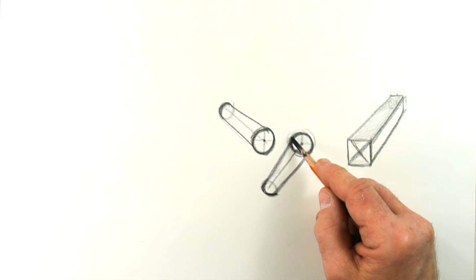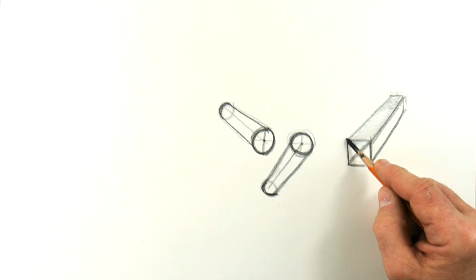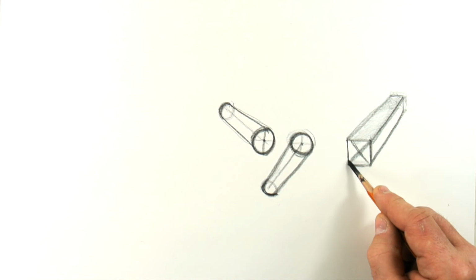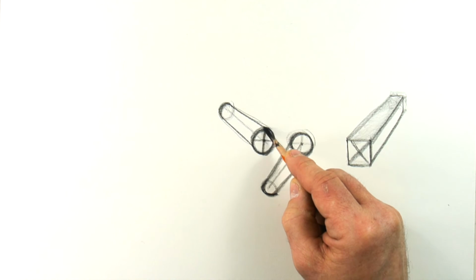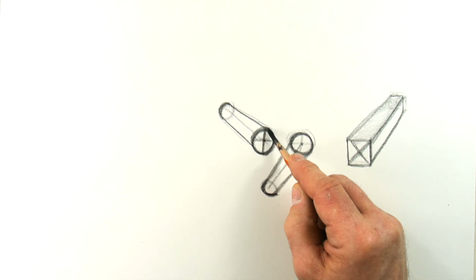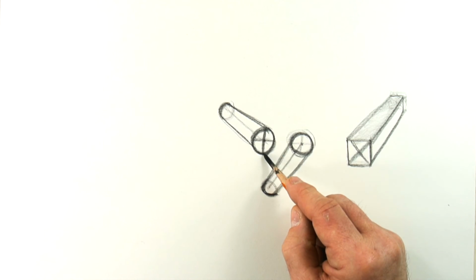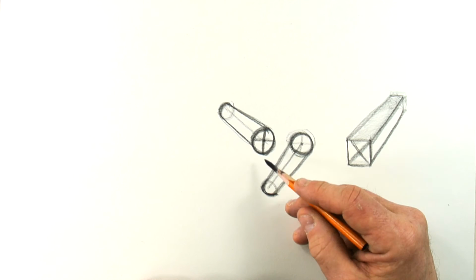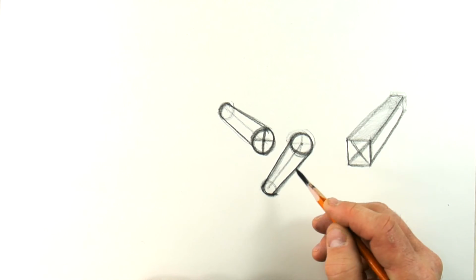And then we connect the corner points. And of course, round shapes don't have corners, so that's why this cross is very helpful. You can start from there and you arrive at a convincing cylindrical shape in this case.